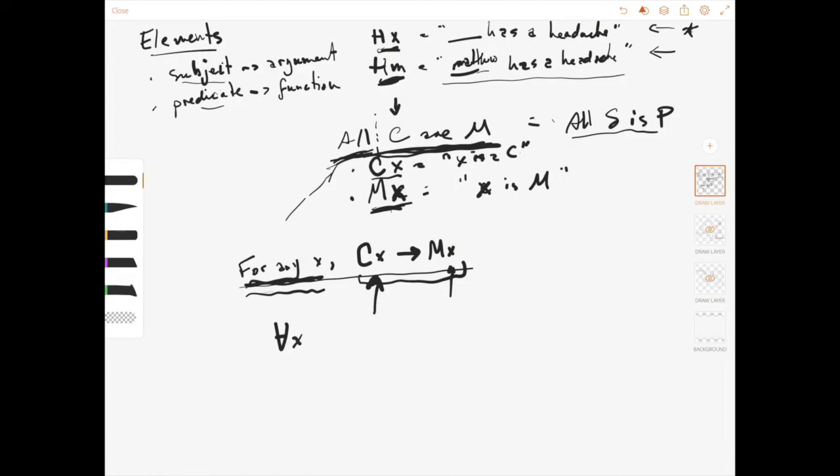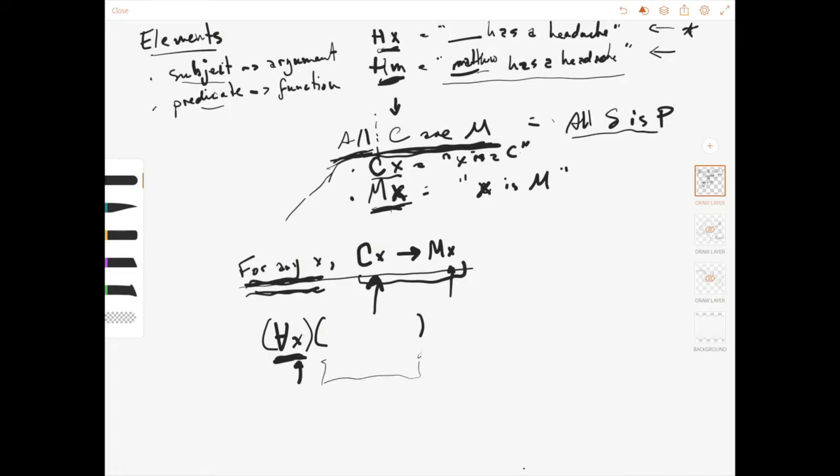So what this stands for is exactly the same thing we have written here, for any x. So we put that in parentheses, and then we have another set of parentheses that tell us the scope of this universal quantifier over x. In other words, this universal quantifier has jurisdiction over every x between these two parentheses.